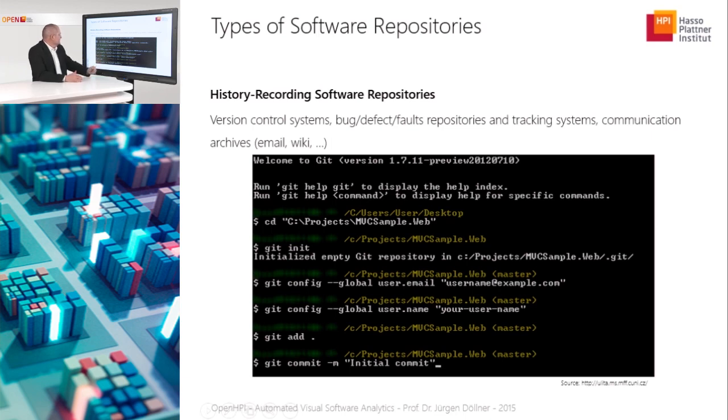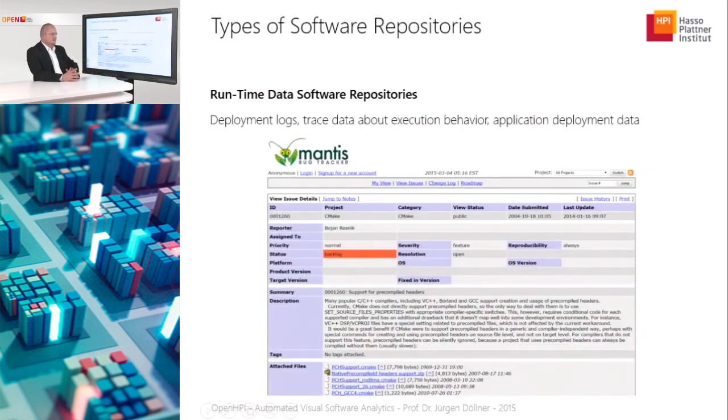In the example here, there's just a screenshot of some Git commands as a version control system. It's initialized, configured, elements are added, and changes are committed. These are the most common form of history recording software repositories, the version control systems. There are different version control systems, of course.